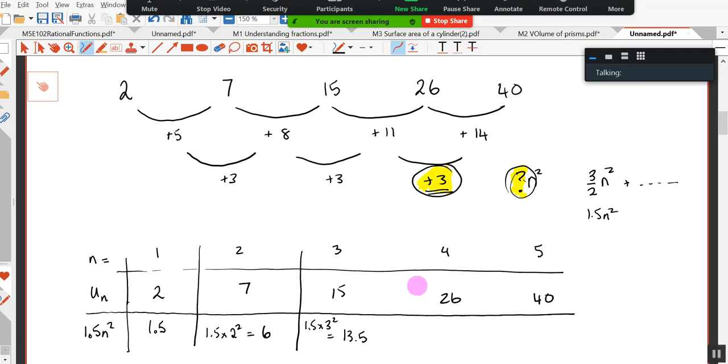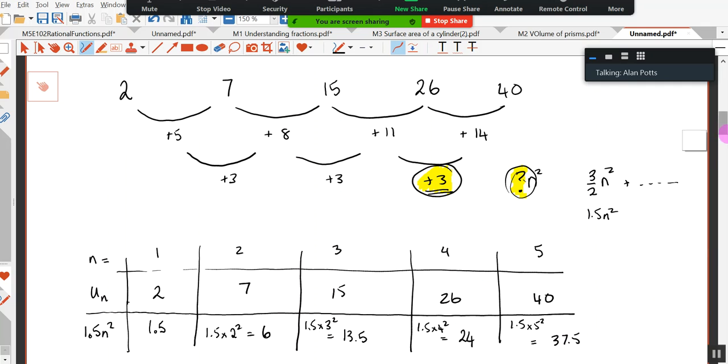This one, 1.5 times 4 squared, 24. 1.5 times 5 squared equals 37.5.